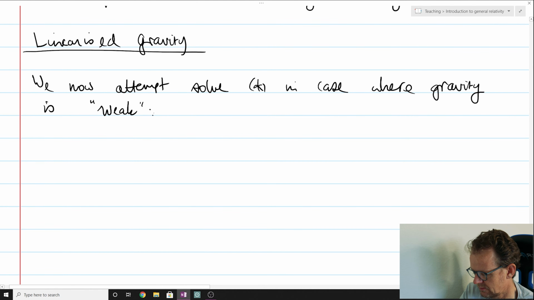And for us, what it's going to mean is that the space-time metric, that's the thing we're solving for, must be somehow close to flat.